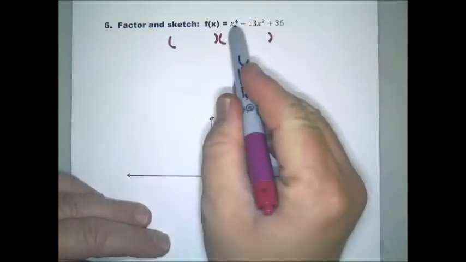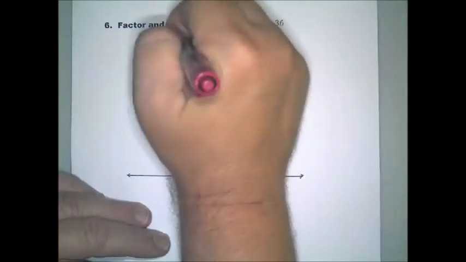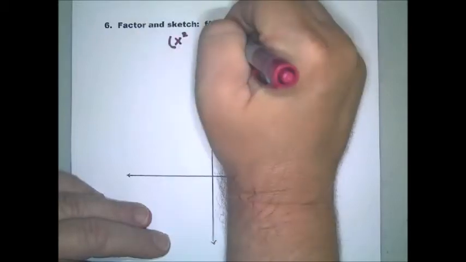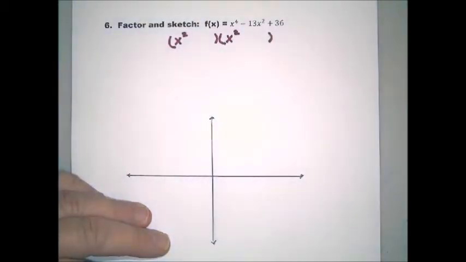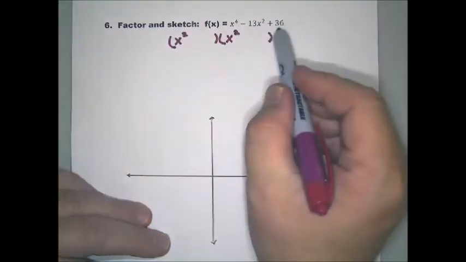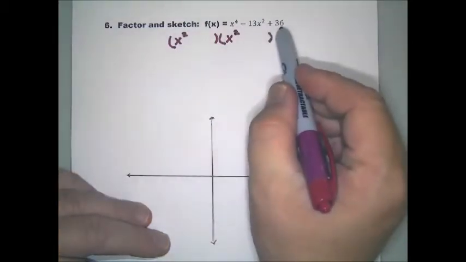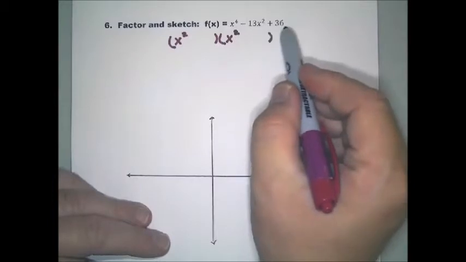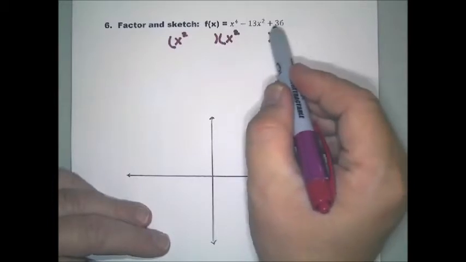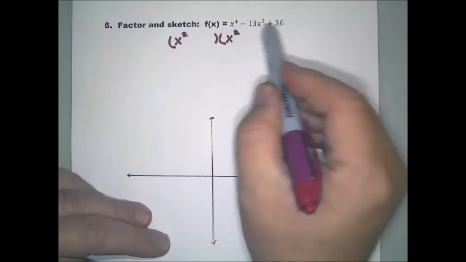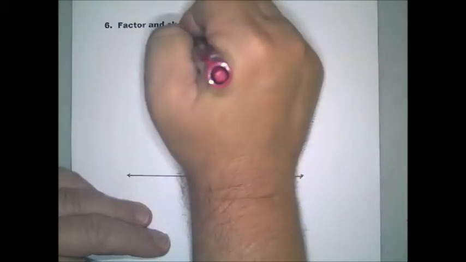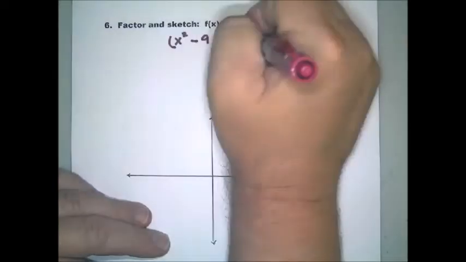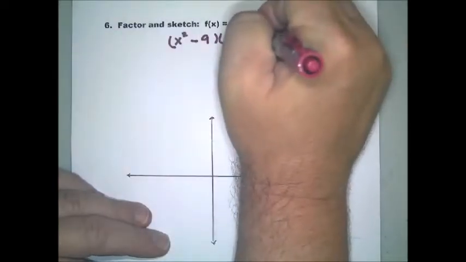Since this is x to the fourth, I'm going to have an x squared right there, and an x squared right there. Now, what are the factors of positive 36 that add up to negative 13? And the two numbers are negative 9 and negative 4.